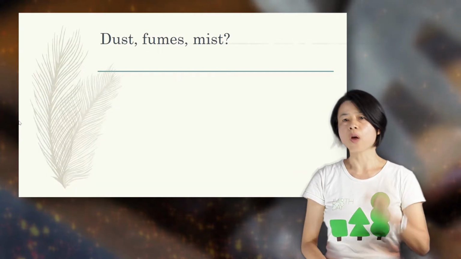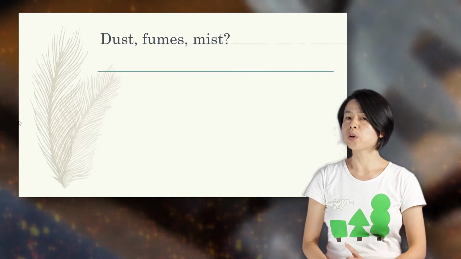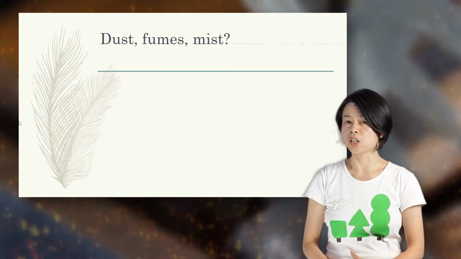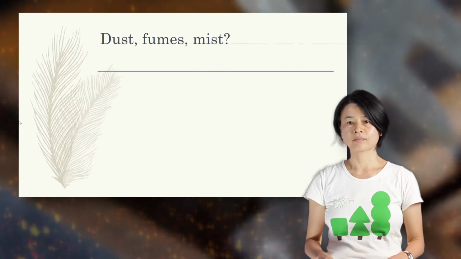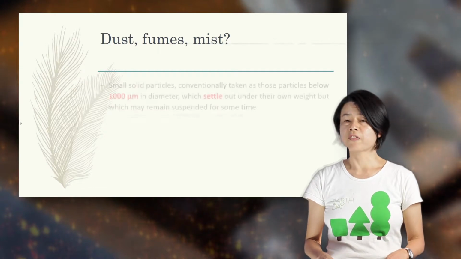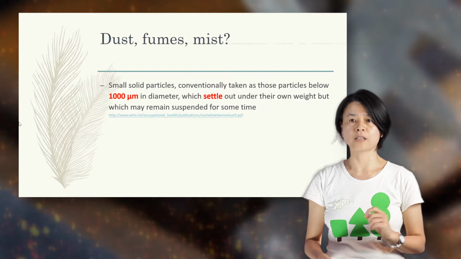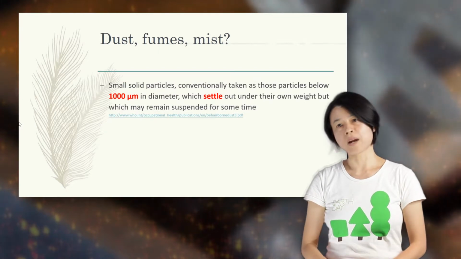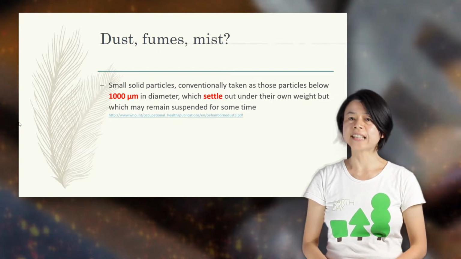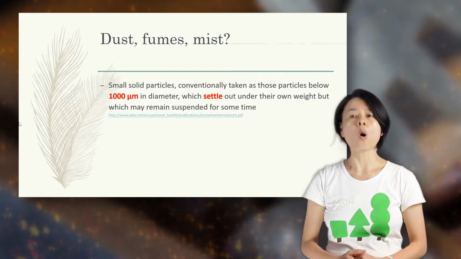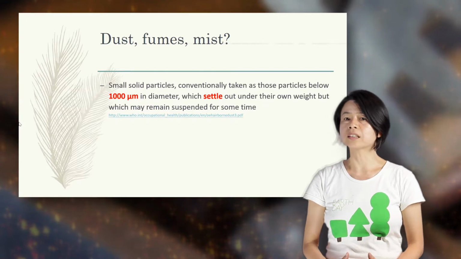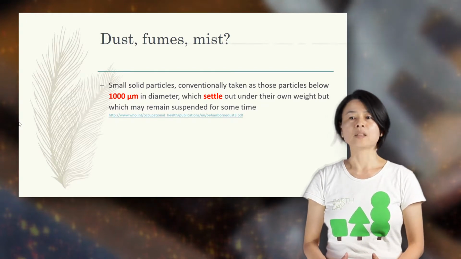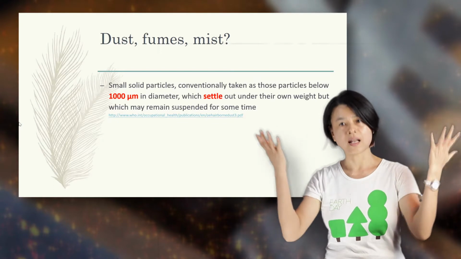Next, we are going to look at 3 definitions, and you are going to tell whether the definition is for dust, fumes, or mist. The definition for the first word. First, small solid particles, conventionally taken as those particles below 1,000 micron in diameter, which settle out under their own weight, but which may remain suspended for some time.